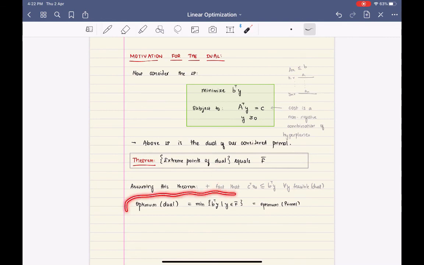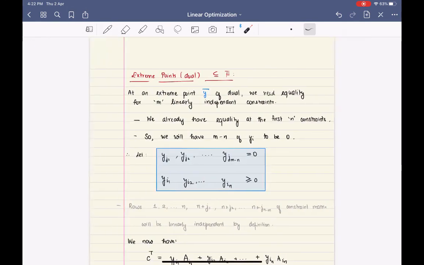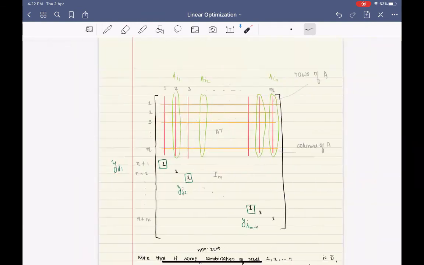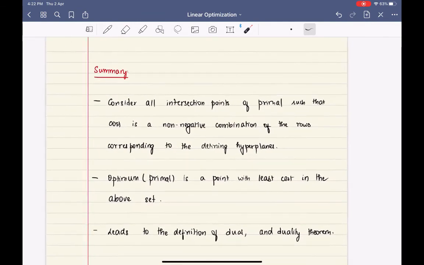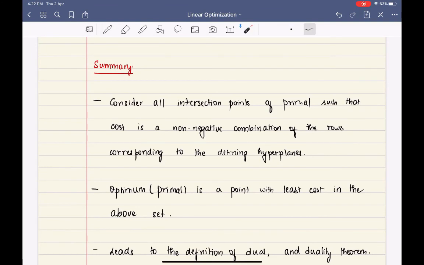Okay, the optimum of the dual equals optimum of the primal. Okay, let me just try to summarize. So what we did, given the primal was of this kind. Given this primal, we looked at all the intersection points, that is the points where you choose n hyperplanes out of A, n rows, and then intersect them. You don't care about the other constraints.